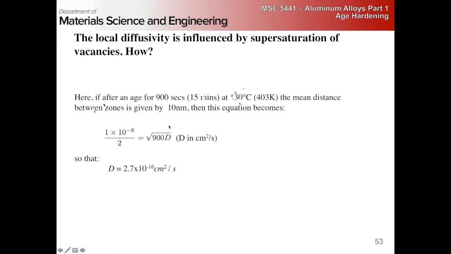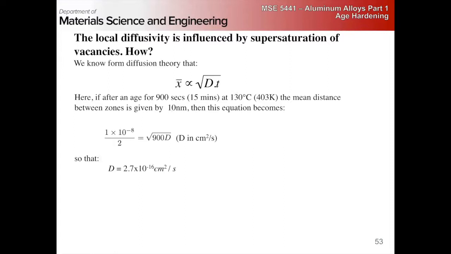You can do a calculation and find that the mean distance between GP zones is 10 nanometers. So square root of Dt gives us a diffusivity of 10 to the minus 16. Is that fast or slow?